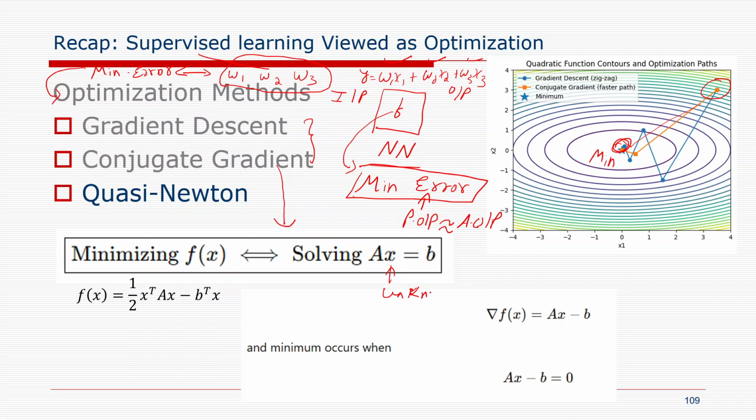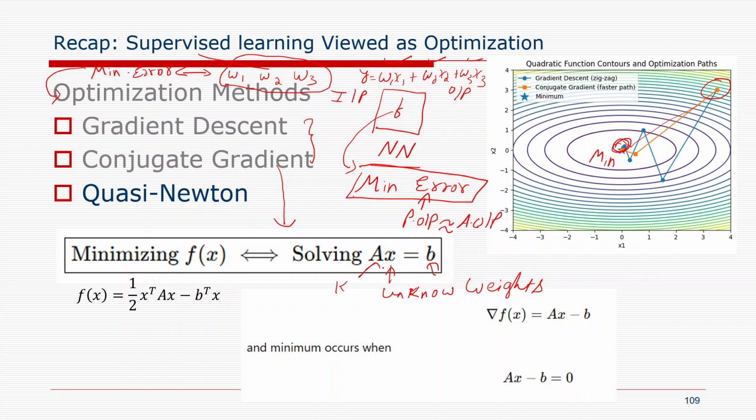Unknown in the sense that if I take a neural network, it is the weights which we don't know. We have to update this particular system. Known are A and B. That is, we know the input and then the output. The known parameters are A and B, which act as the input and the output. But the unknown is the weight vector, which we don't know.